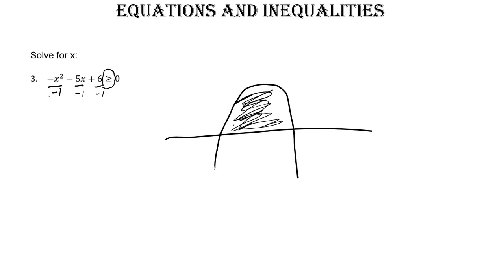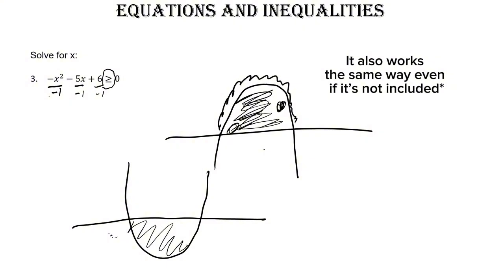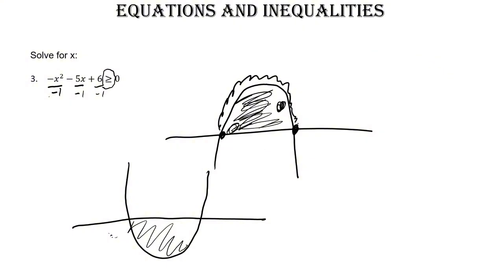Because this graph is only positive over here. But when we look at a positive parabola, we're going to be looking in this region over here. As you can see, we're always going to be looking at the values between two x-intercepts.